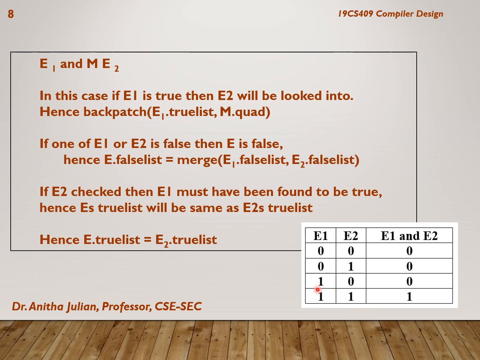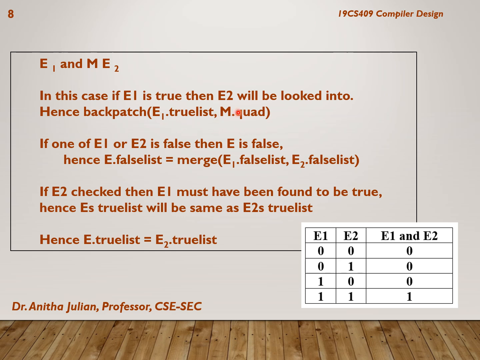So when E1 is true, we have to definitely evaluate and find whether E2 is true or false. Whenever the second evaluation is required, we will call a function called backpatch. Already one is true, so I need to go to the next quad, next operand, and evaluate it. That is why we are saying backpatch of E1 true list comma M quad.